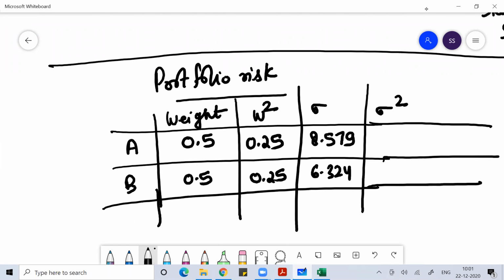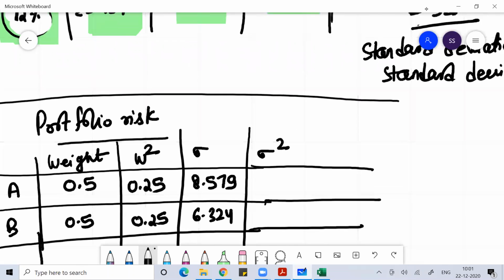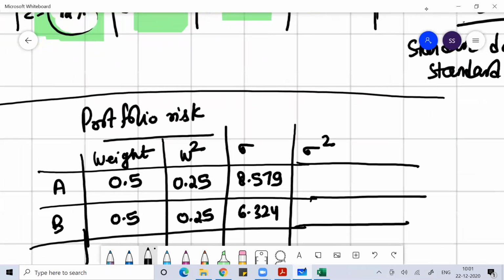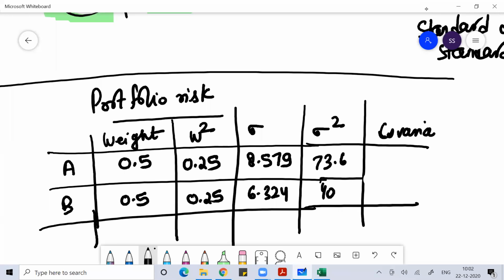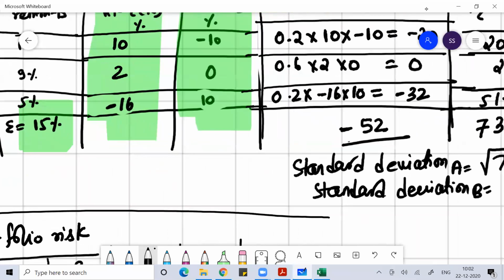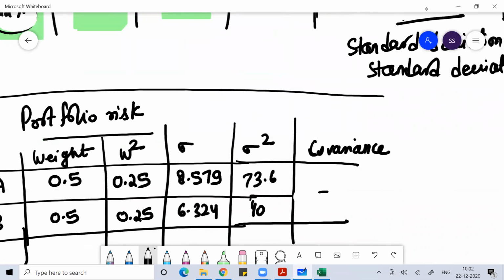The variance of these is 73.6 and 40, and the covariance between them is minus 52.